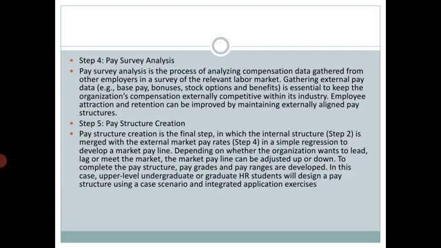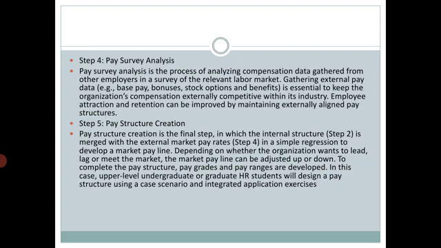A survey of the relevant labor market is obtained. Employee attraction and retention can be improved by maintaining externally aligned pay structures.